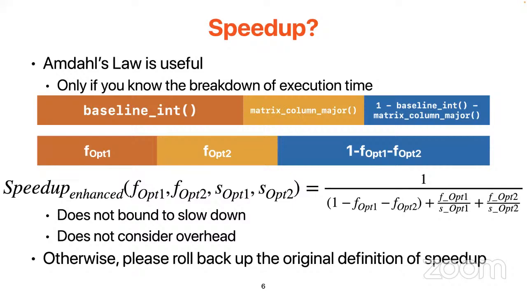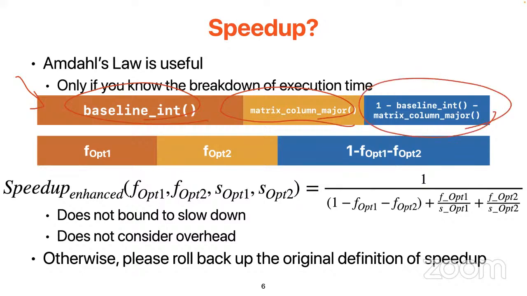So some of you have done this in the lab and figured out how to do it. But one of the questions was asking, how can I evaluate my overall speedup? The whole program is composed of baseline_int, matrix column major, plus everything else. So that's the baseline.